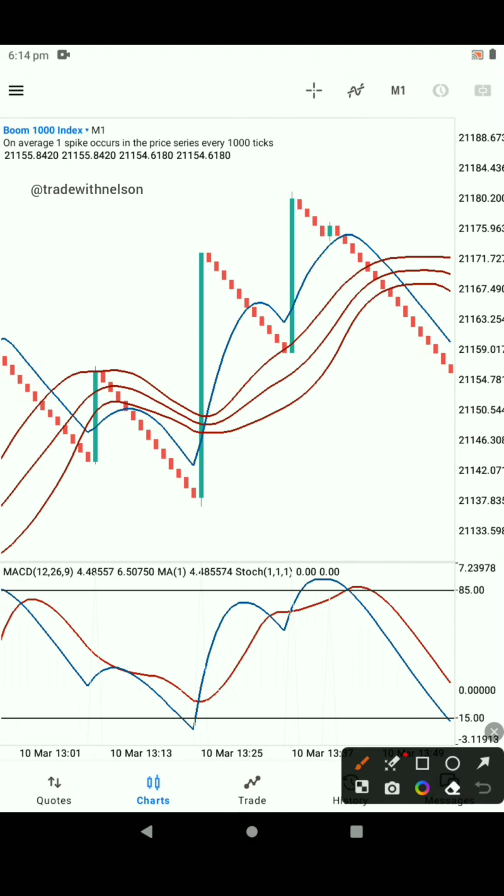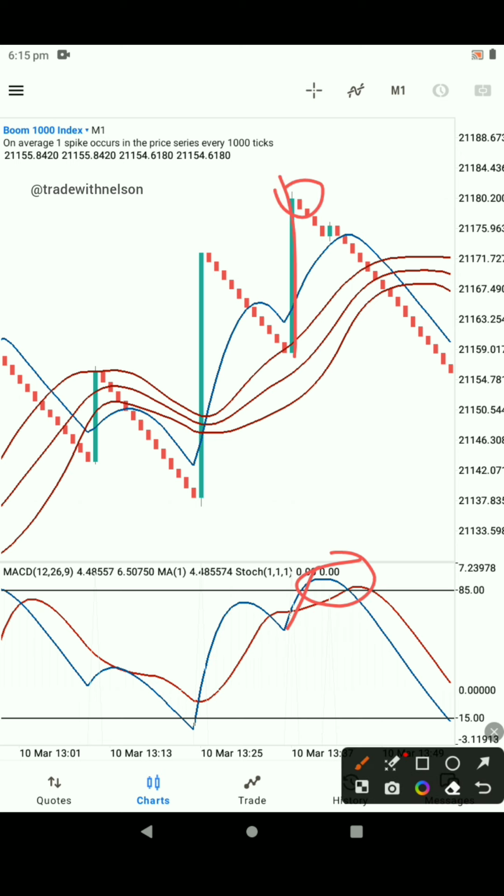There is also a nice one over here. We have the spike, the moving average and the MACD go to the upside but did not enter the 85 level, so the first condition is not met. And if you look over here, the blue did not cross the Bollinger Bands, so the second condition is not met, so we have no trade. Then we wait patiently until the blue or the red enters the 85 level. As you can see over here, we have the entry around this point.